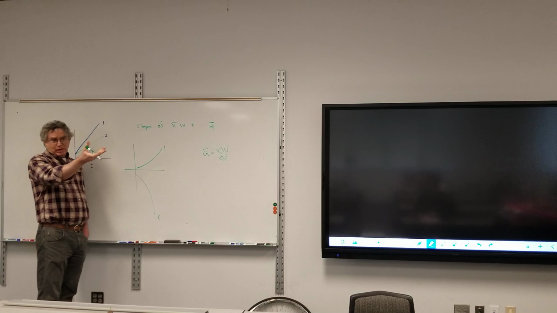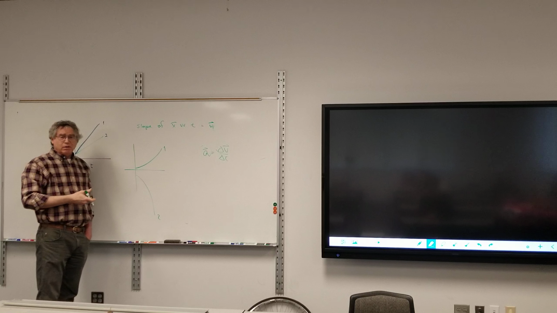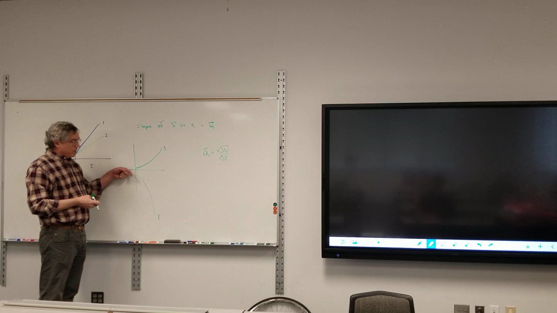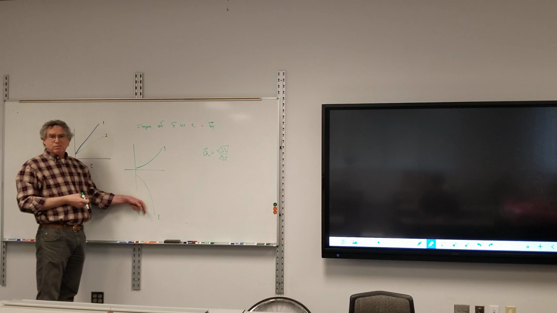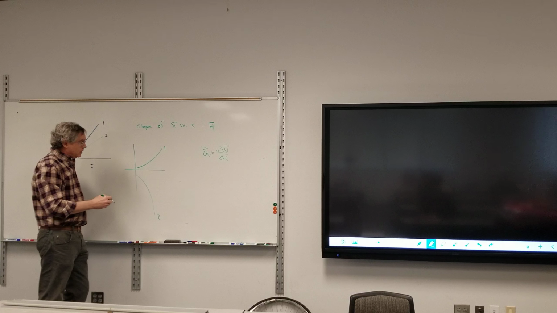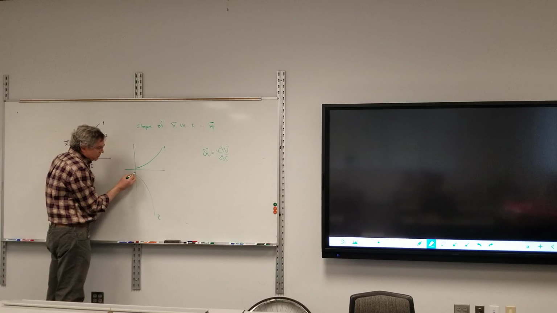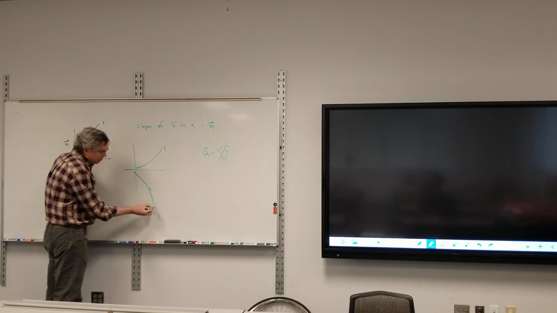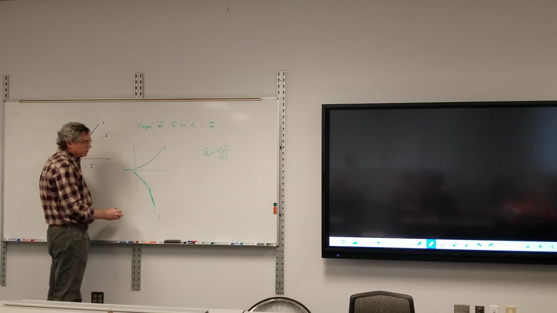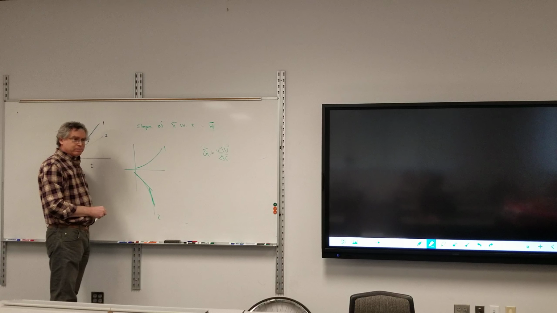So one way to look at it, that's spot on. Also, if it's speeding up, acceleration and velocity have the same sign. In order to get faster going in the negative direction, it has to be pushed in the negative direction, and that force and acceleration will be in the same direction. Or, looking at it from this point of view, I have some negative slope right there, and a more negative slope there. So it's becoming more negative.